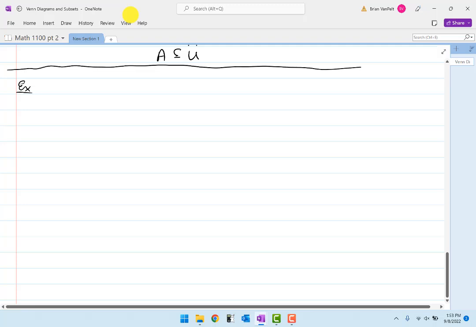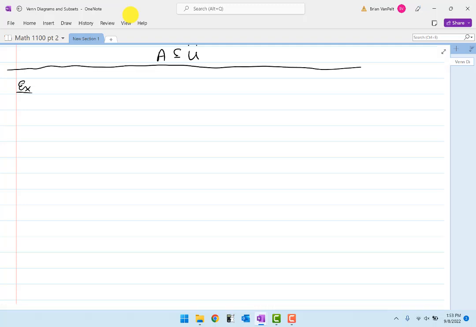Now let's do a concrete example. Let's see if we have 3, 2, 1, 0. That's going to be a subset of -3, -2, -1, 0, 1, 2, 3. That's pretty easy to see as an example.